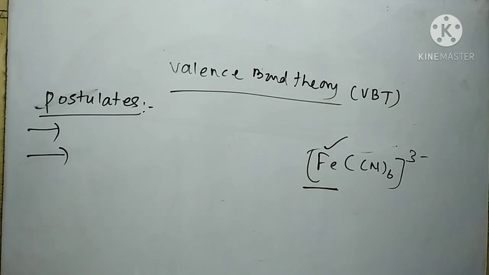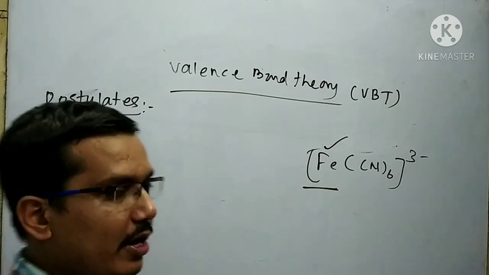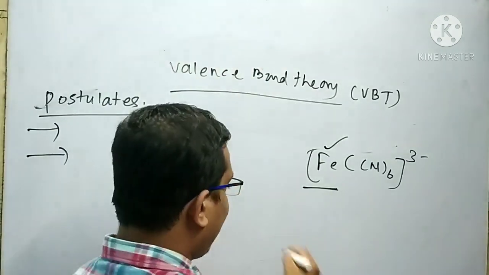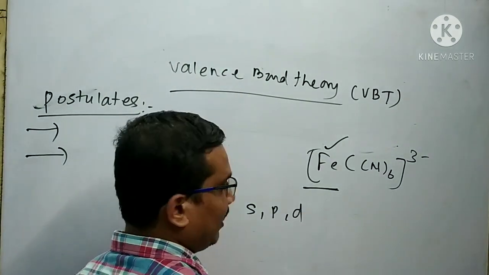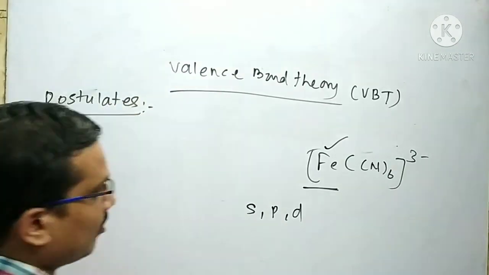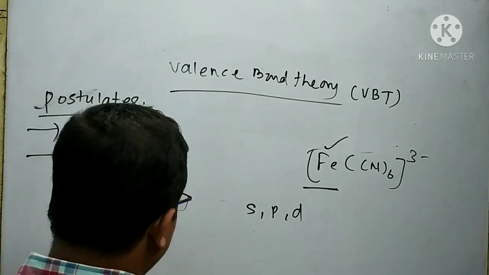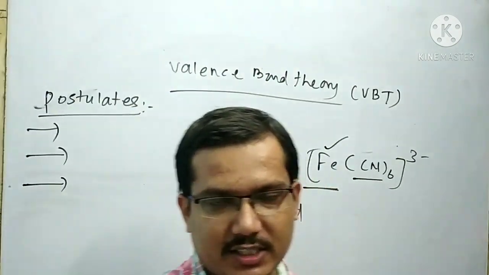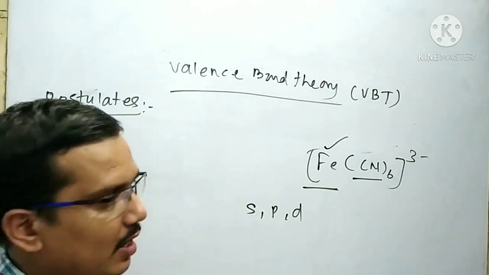Second, the central metal atom or ion uses hybrid orbitals involving s, p, d for accepting the electrons of the ligands. Third, the ligand must have at least one sigma orbital.